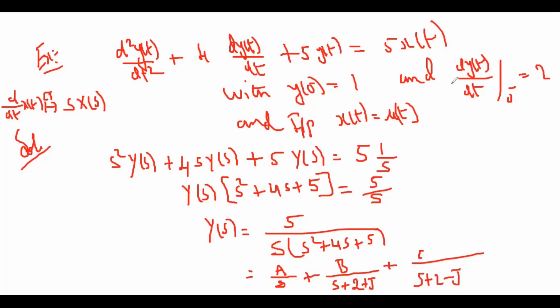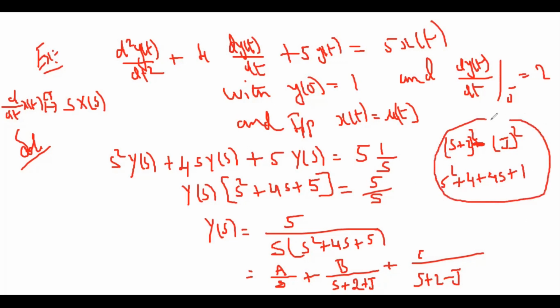You can multiply these two. S plus 2 plus j, a plus b into a minus b means s plus 2 whole square minus j whole square. Simplify this one: s square plus 4 plus 4s, j square is minus 1, plus 1, we get s square plus 4s plus 5. Got it, my students?